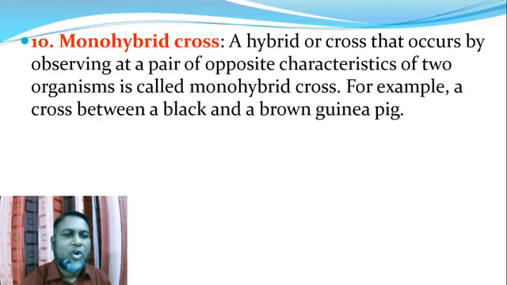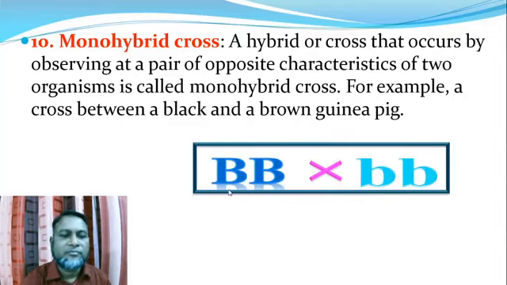Next, we explain monohybrid cross. A hybrid or cross that occurs by observing a pair of opposite characteristics of two organisms is called a monohybrid cross. For example, a cross between a black and a brown guinea pig. Capital B cross small b: this is one organism, and this is another guinea pig.